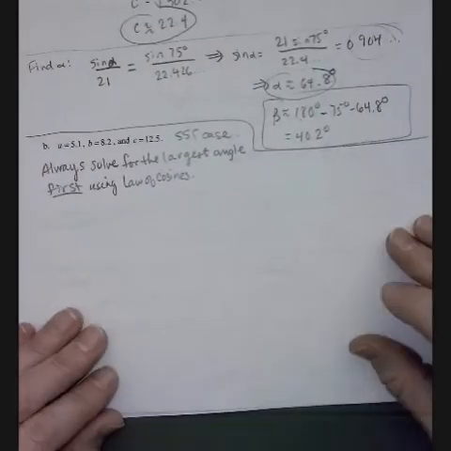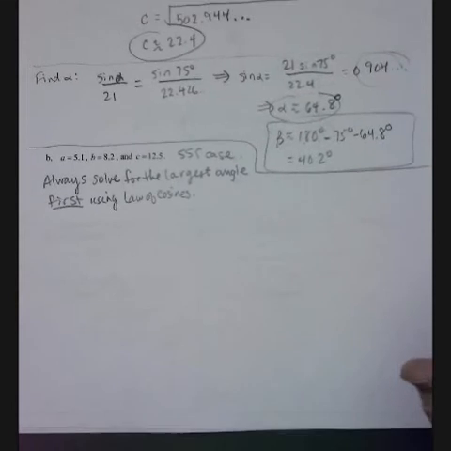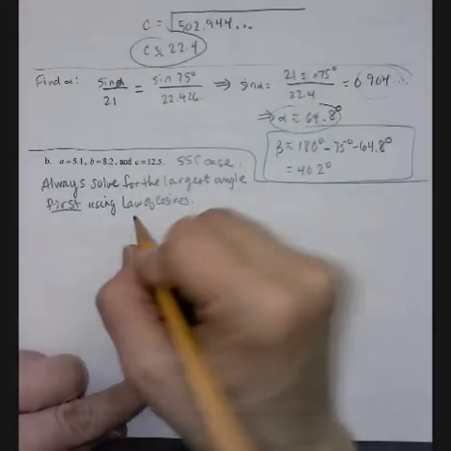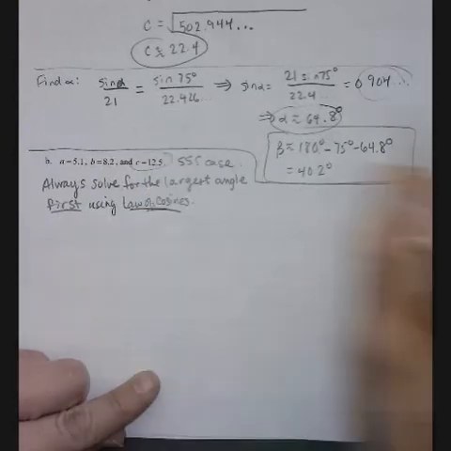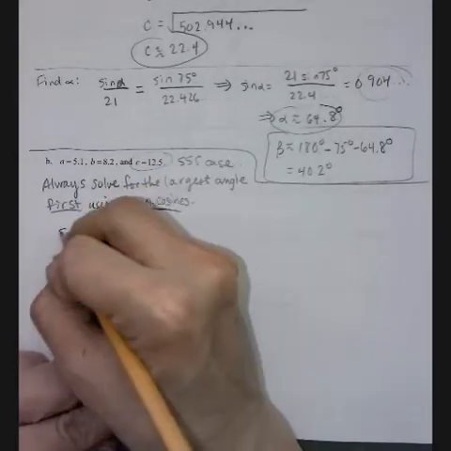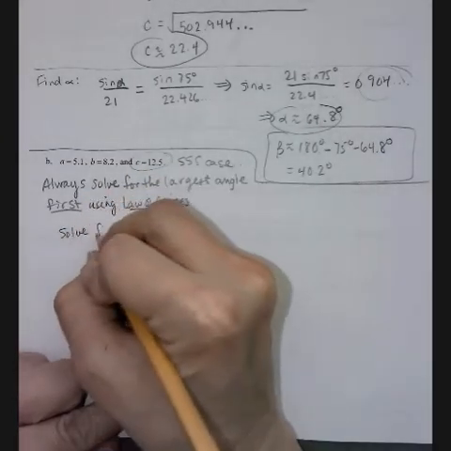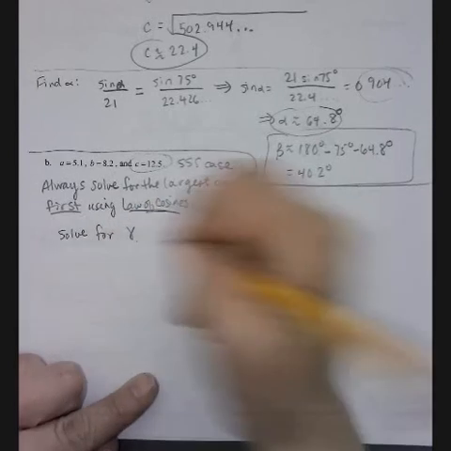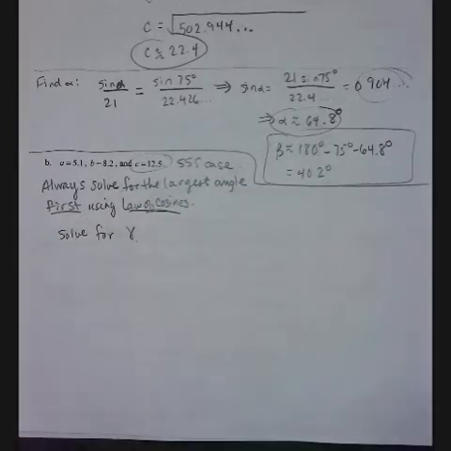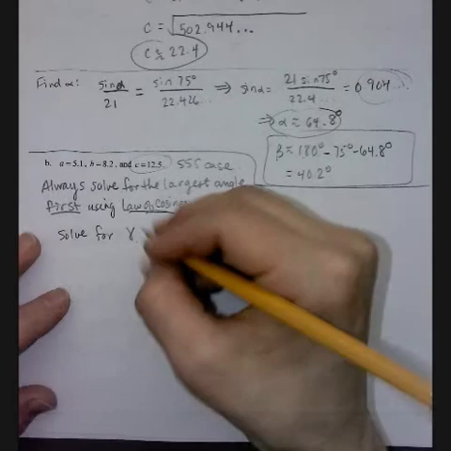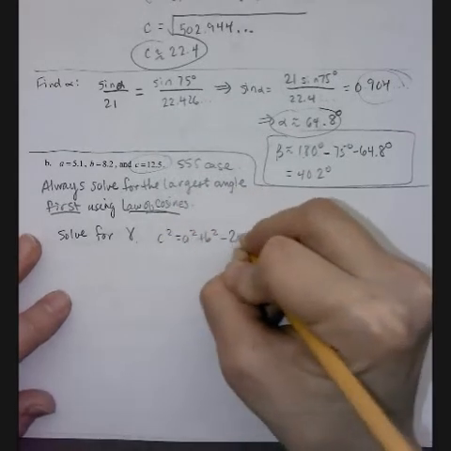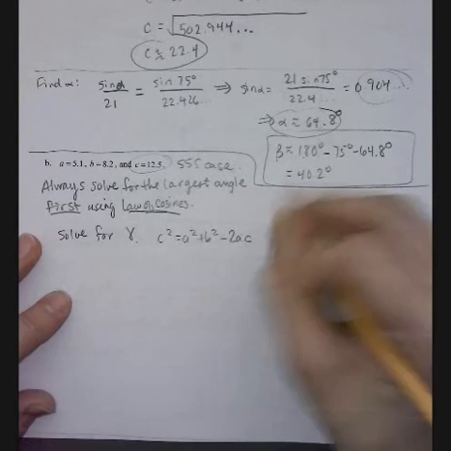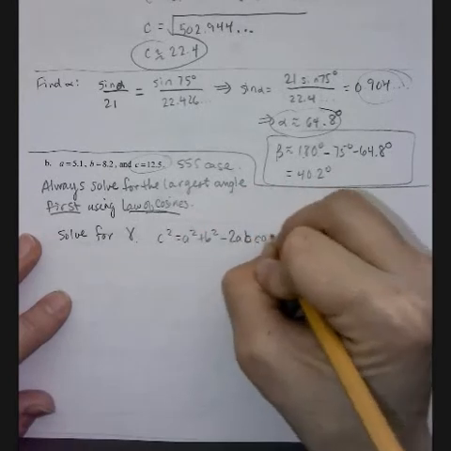Let me adjust this a little. So, of course, you can tell which one's the biggest because it's going to be across from the largest side. So solve for gamma in this case, or cap C if you want to call it that. So we're going to say c squared equals a squared plus b squared minus 2ab cosine gamma.